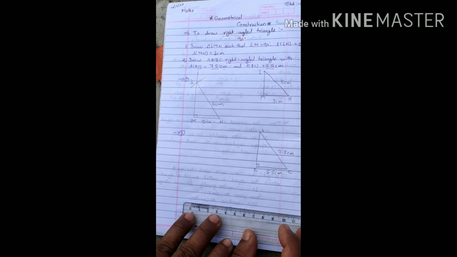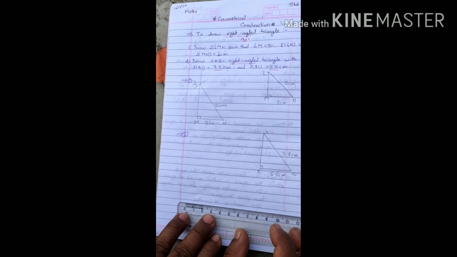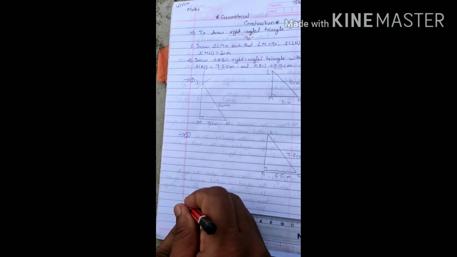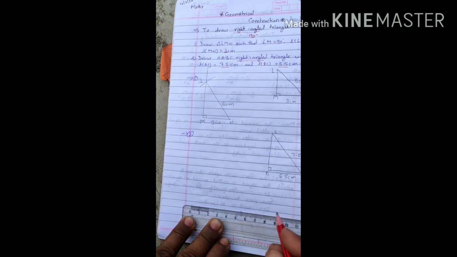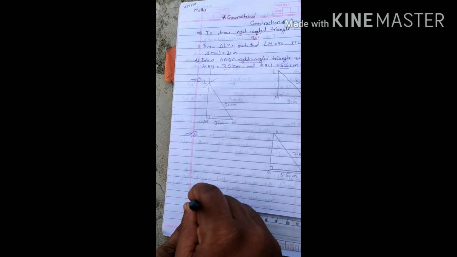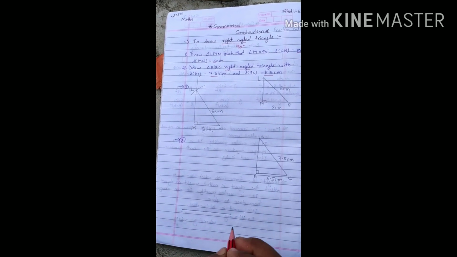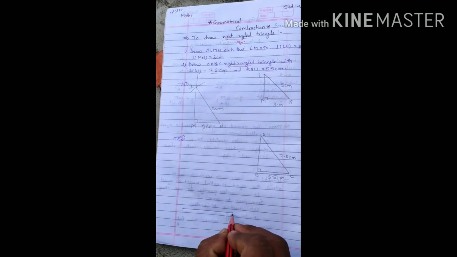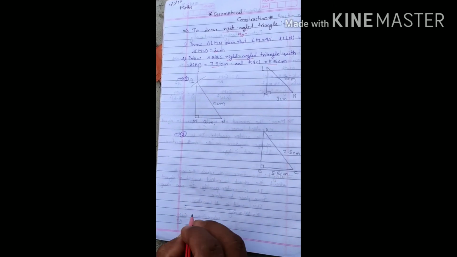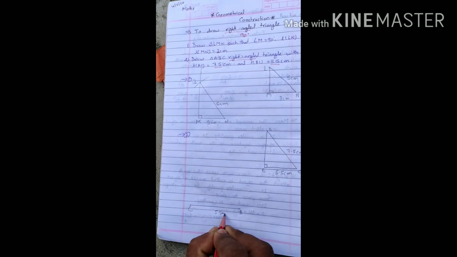First we draw the base. You all know we have to draw the base. 5.5, one point on 0, second point after 5 and a half. Right here. In this question we draw the angle here, as you wish we write here BC 5.5 centimeter.